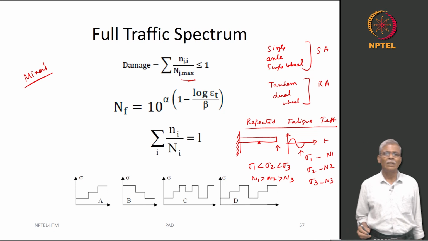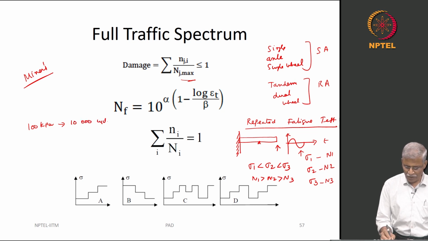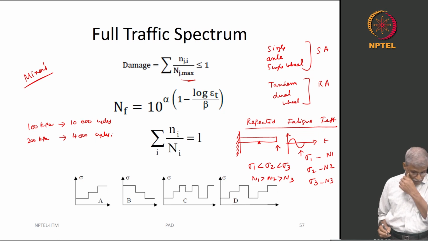Now, what I want to ask you is the following. If I give 100 kilopascal load, and the corresponding life is, let us say, 10,000 cycles, and if I give 200 kilopascal load, and let us say the corresponding life is 4,000 cycles.